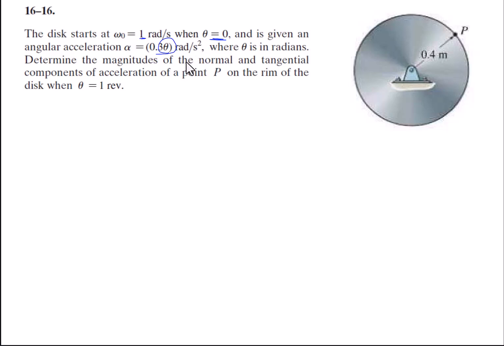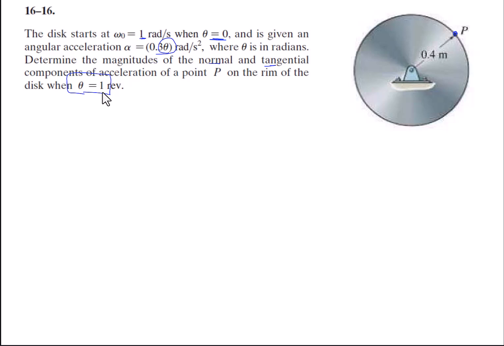So this is 0.3 theta radians per second squared, and we want to determine the magnitude and normal components of the acceleration at point P, which is at a radius of 0.4, when theta is 1 revolution.